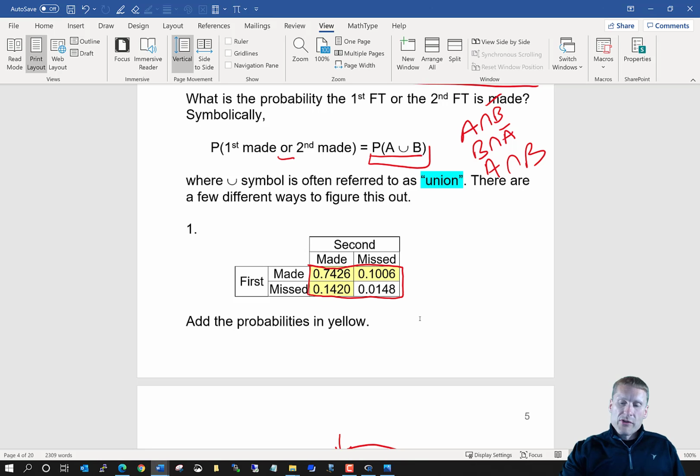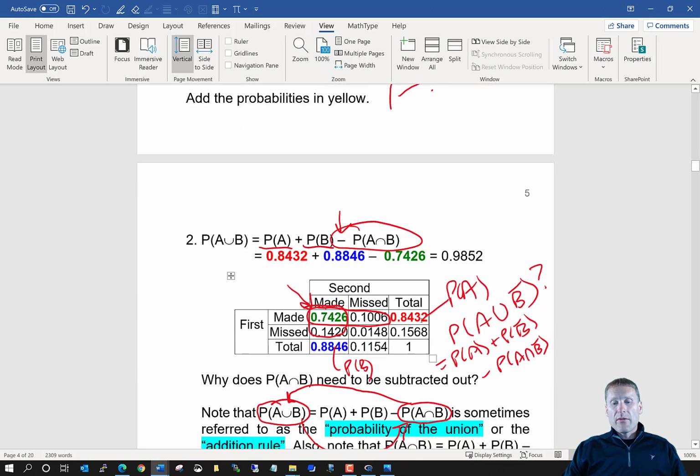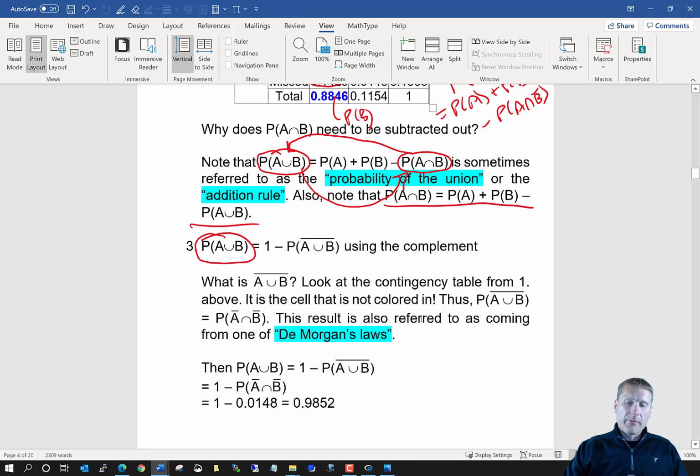Well, how about we just simply take 1 minus 0.0148? Then we will get the probabilities that are in yellow, since, again, these 4 cells of this table add up to 1. In other words, what we're doing is using a complement, like what we saw earlier, but now with 2 events at exactly the same time.